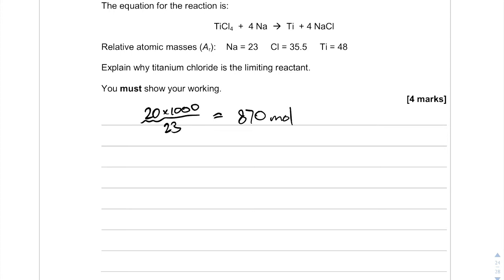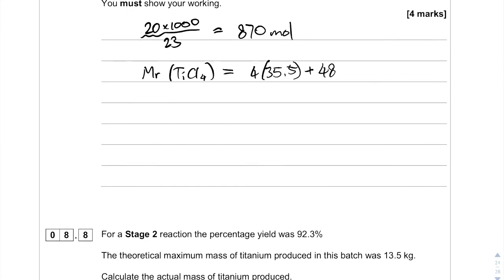And now we have to consider titanium chloride. So the Mr of titanium chloride is 4 lots of 35.5 plus 48, which is 190.